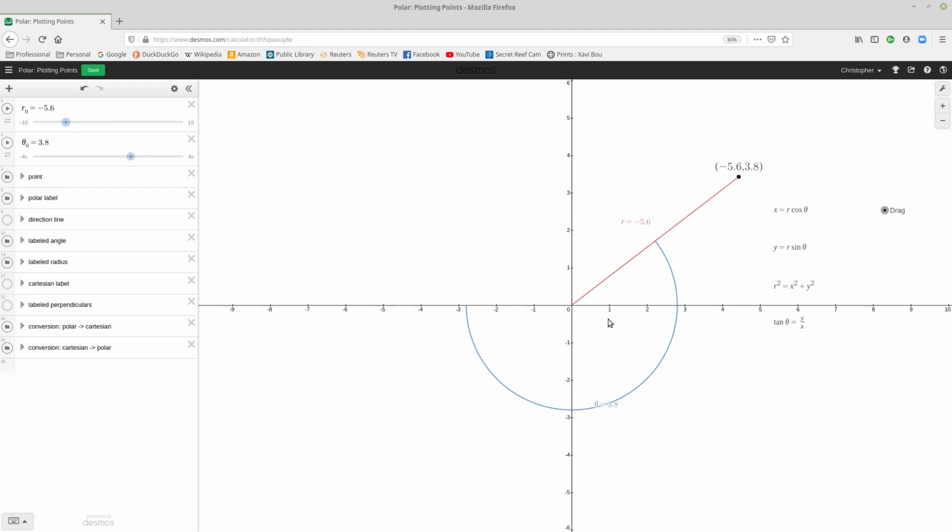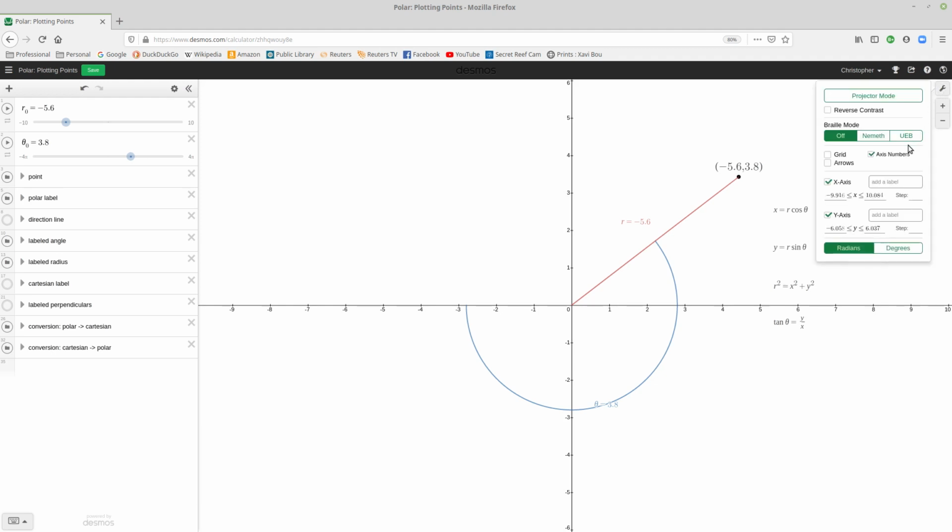Okay, so I will provide a link to this Desmos online graphing calculator exercise to let you experiment with what polar and Cartesian coordinates mean. I also point out here that in the settings you can actually change from a Cartesian mode to a polar mode.